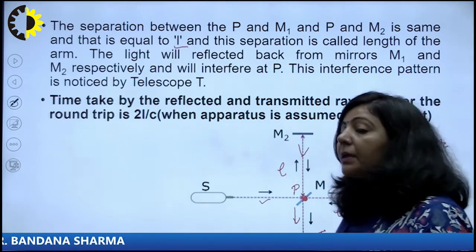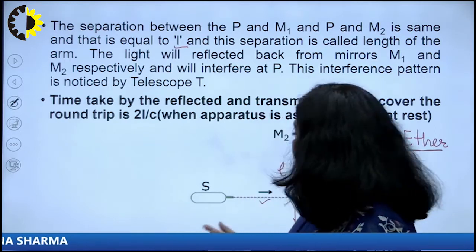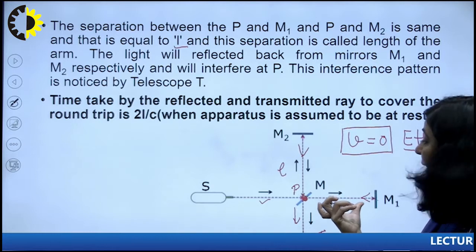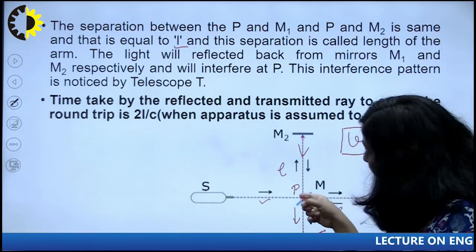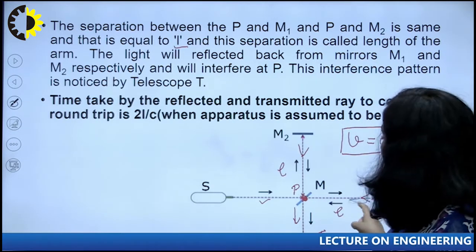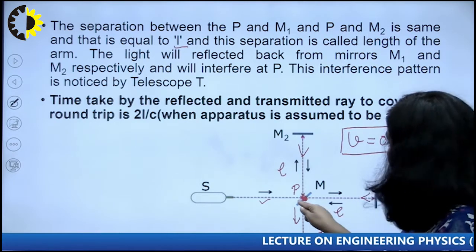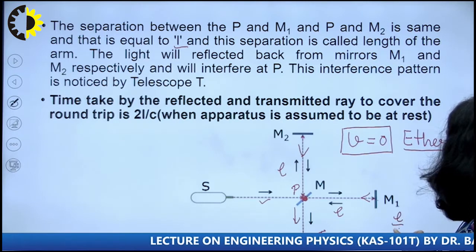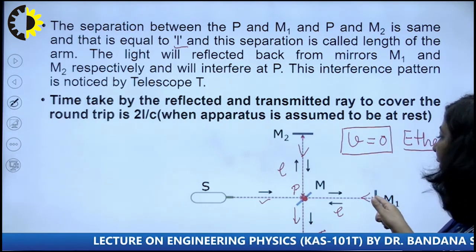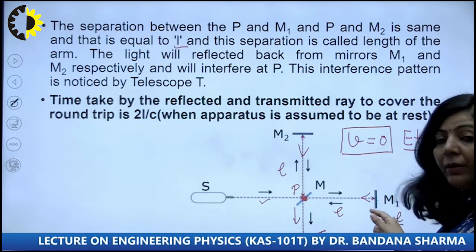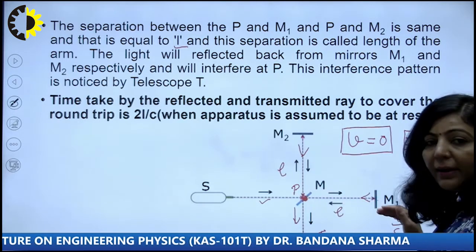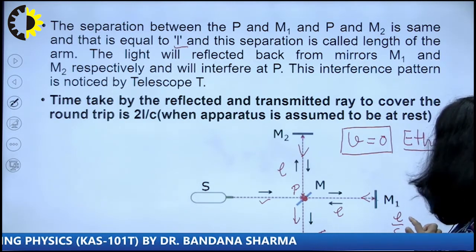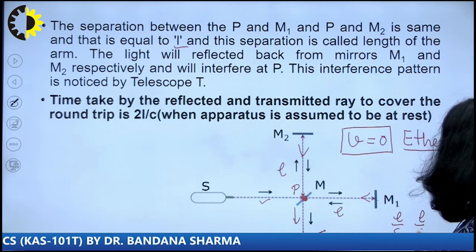Now tell me, what will be the time to travel this journey from P to M1? What is the path? The path is L. And since light travels this path with speed c, the time taken to move from P to M1 will be L by c. Light will be reflected by the front surface of mirror M1. It will reflect back and again travel a path L with the same speed c. So the time taken will be L by c.